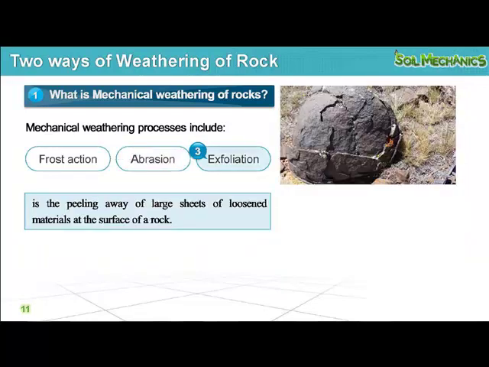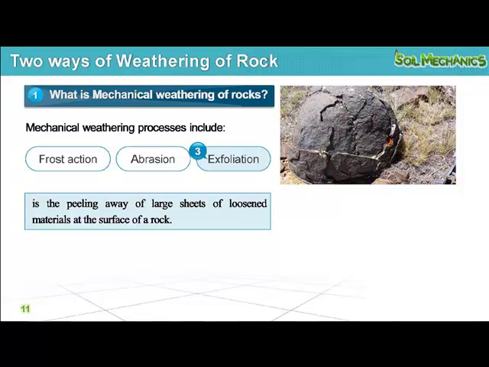Another one is exfoliation. That is another mechanical weathering process. Exfoliation is the peeling away of large sheets of loosened material at the surface of a rock. You can see in the photo the loosened material at the surface of the rock.